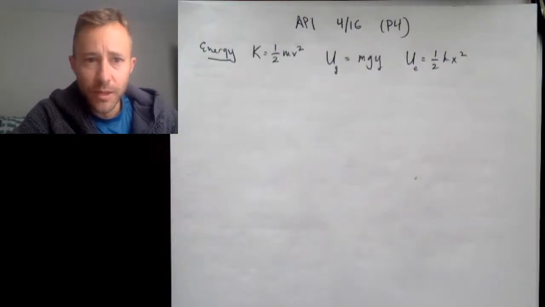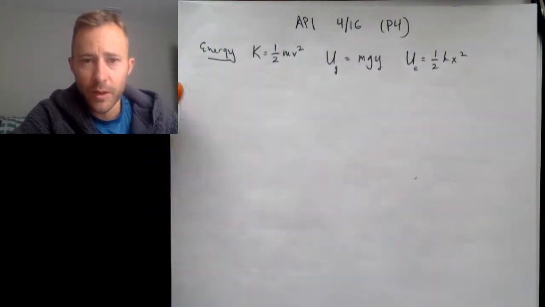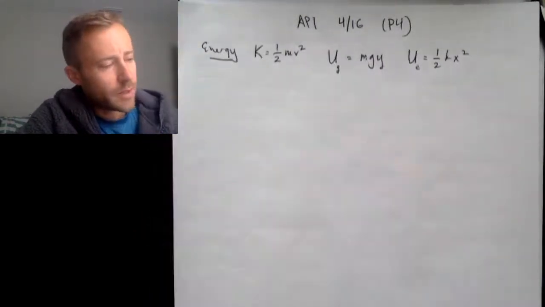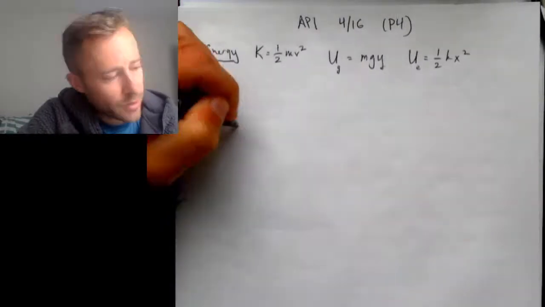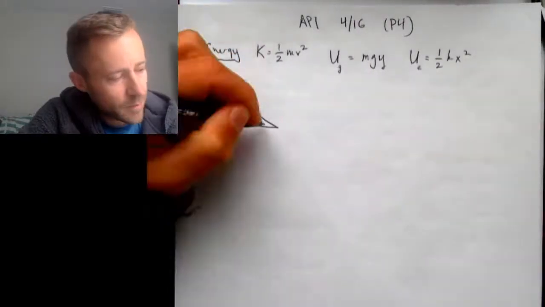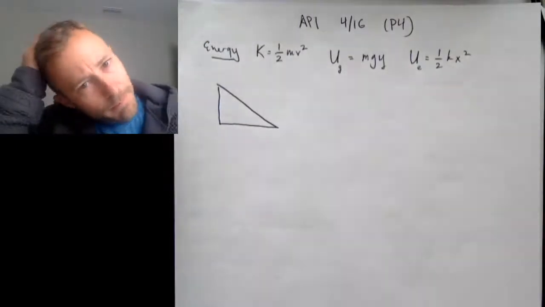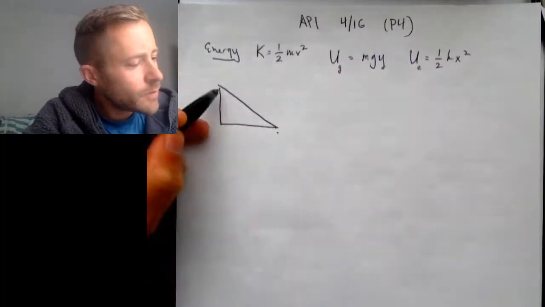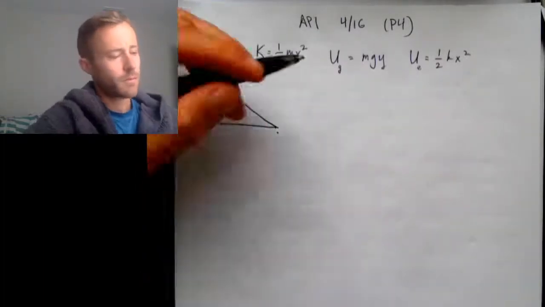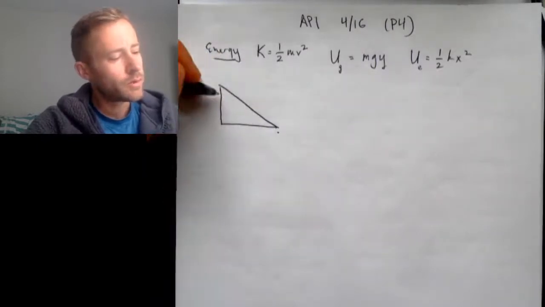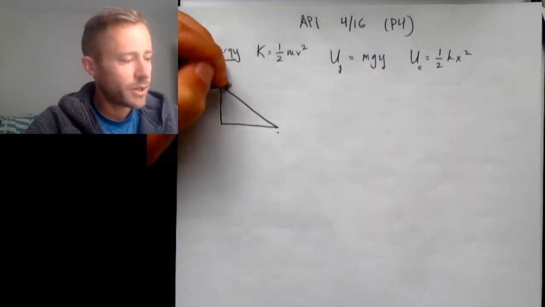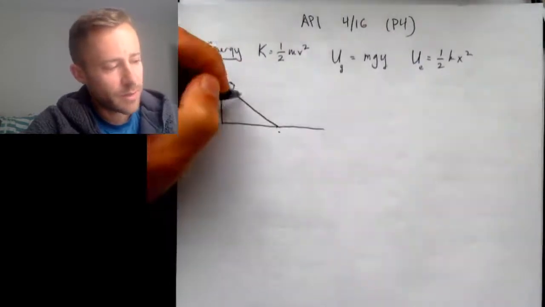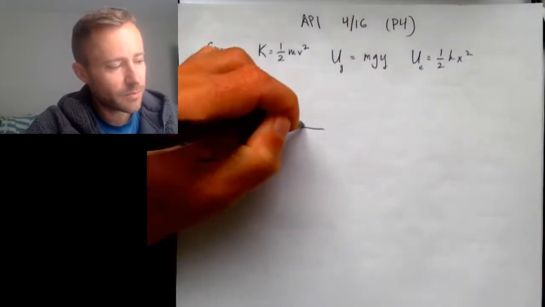So what are some different experiments that we could do with energy? Well, one common experiment that we could do is we could have a ramp. So we have a ramp, and then we have an object that is on the ramp, and we let it slide down the ramp like this.